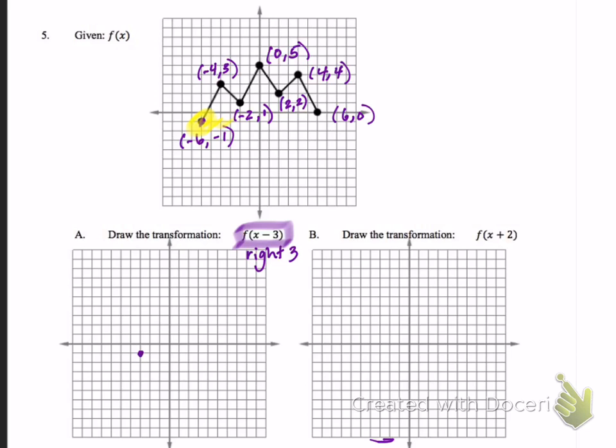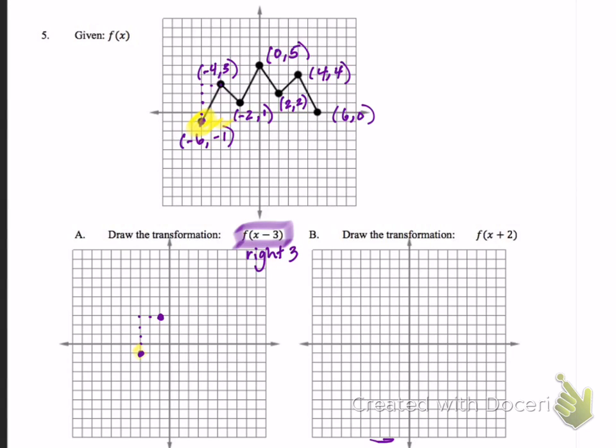Everyone see how I got that? Then from there, if I'm recreating my picture, if I'm doing that first line, I go up 1, 2, 3, 4, and over 2. So on my other picture, my transformed, I'm going to go up 1, 2, 3, 4, over 2. And I'm going to draw my second dot.